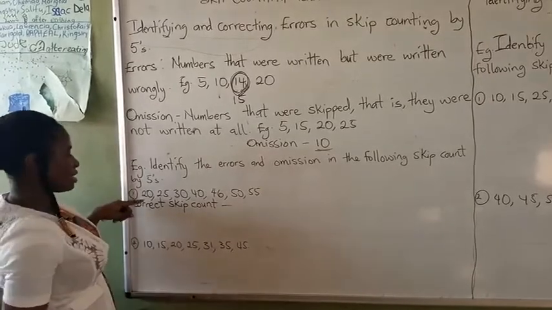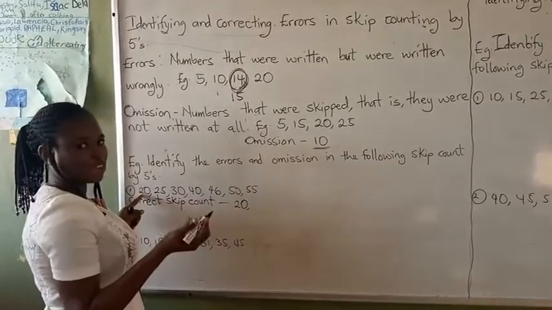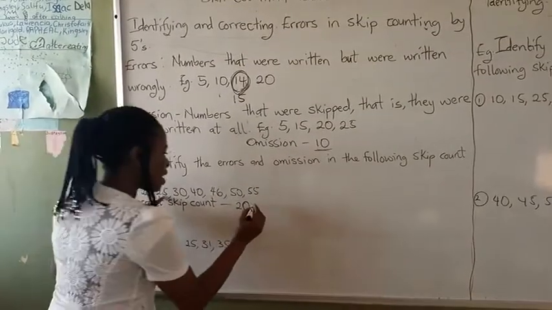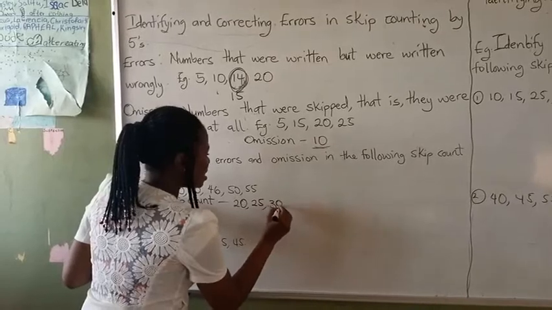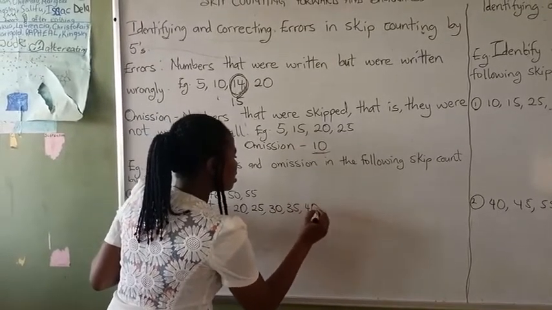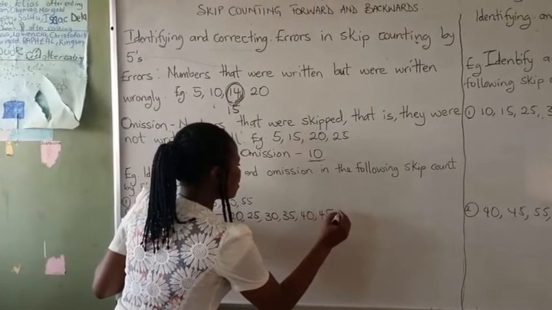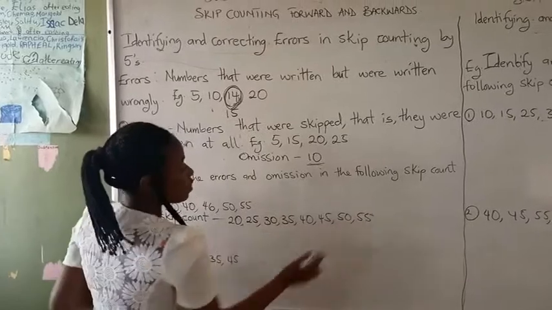So we start at 20. Remember, we are skip counting in 5, so we always add 5. So we have 25, 30, 35, 40, 45, 50, and 55. It ended at 55, so we end there.